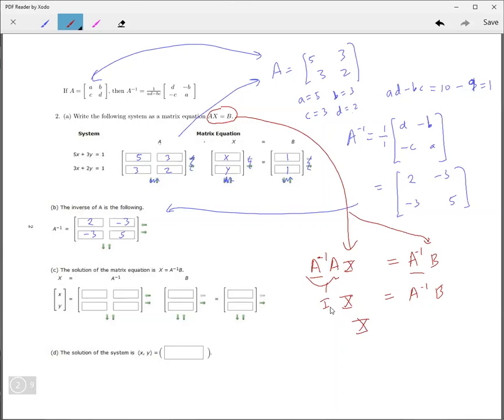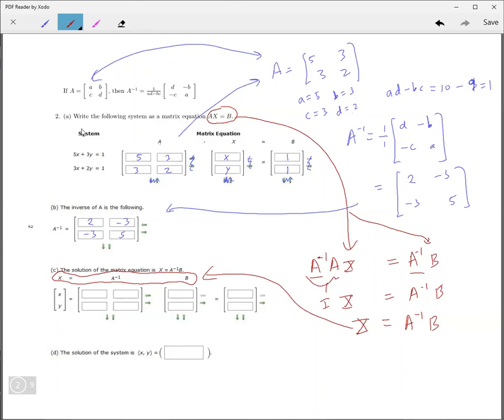Okay, so that's telling you that, and identity times anything is just whatever that is. So this is just I times x, which is just x. I really botched that. That's telling you that x would be A inverse times B. So that's what this equation is right here: x is equal to A inverse times B.